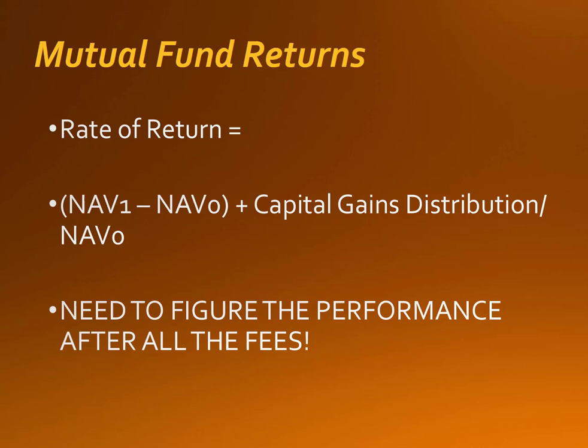The net asset value that you sell at minus what you originally bought it at, NAV 0, plus some capital gains, divided by NAV 0, that's the return that they show you. But you need to figure the performance after all the fees. Now follow along here, because here is where it gets really interesting.